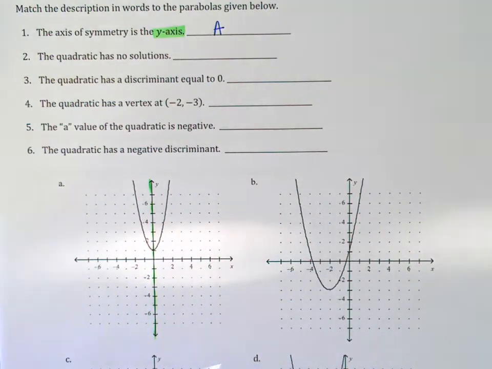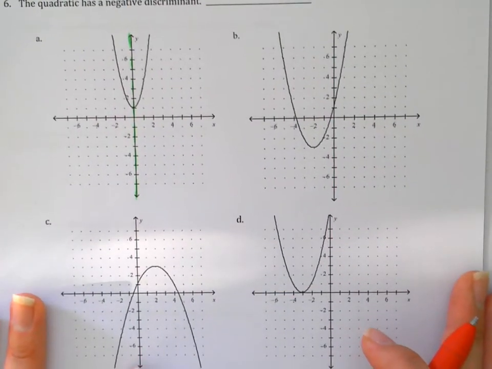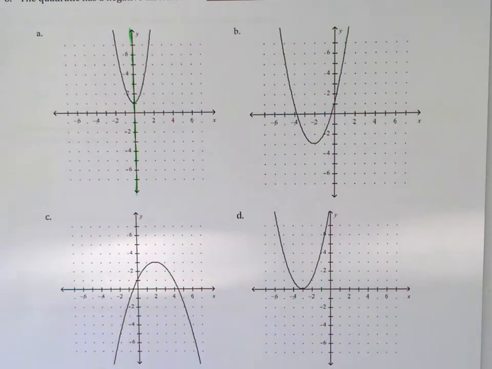Okay, so the quadratic has no solutions. So when we have a graph that has no solutions, remember, other words for solutions are zeros, roots, and the one that's going to help us the most here is x-intercepts. So basically it's saying it has no x-intercepts. So which one of our graphs has no x-intercepts? Or if I would rephrase that, which one of these has a graph that never crosses the x-axis?